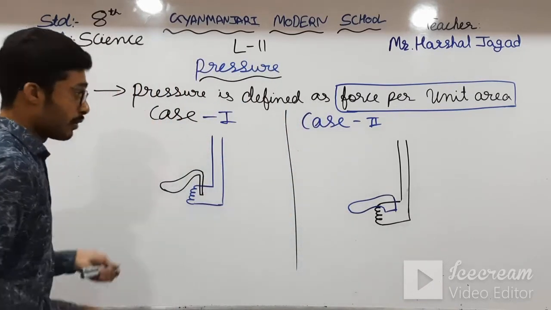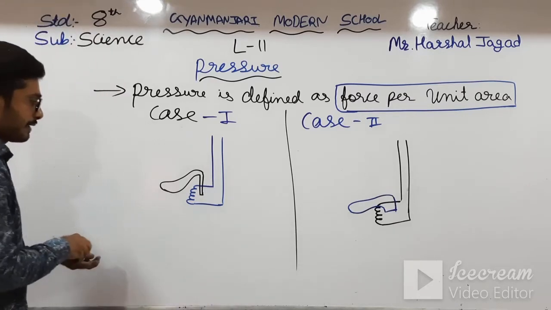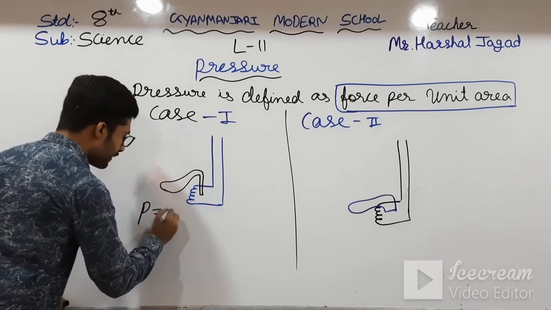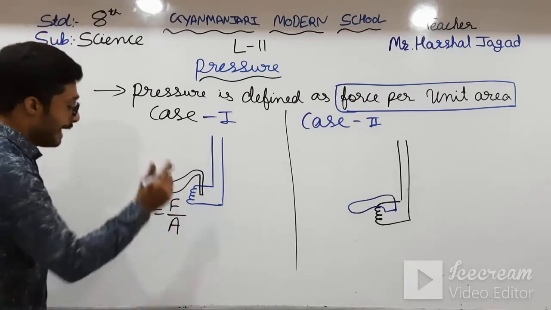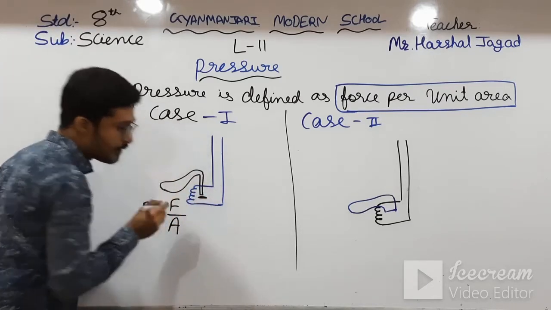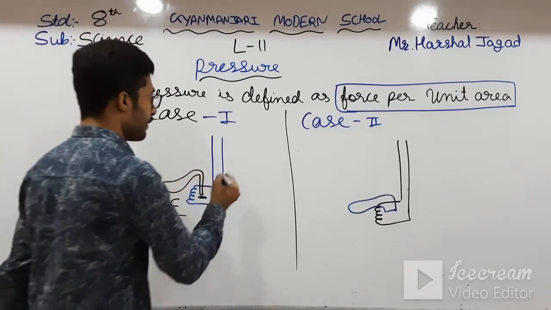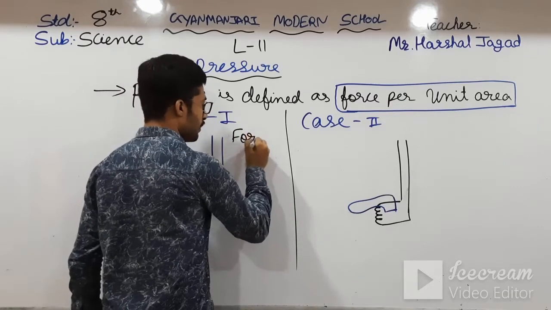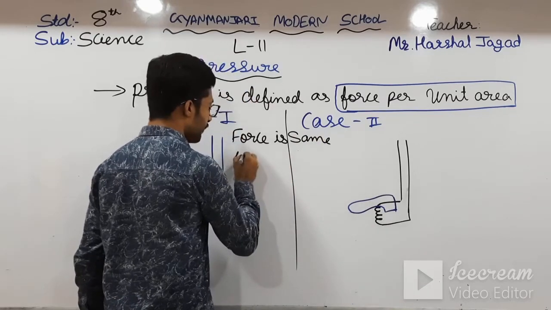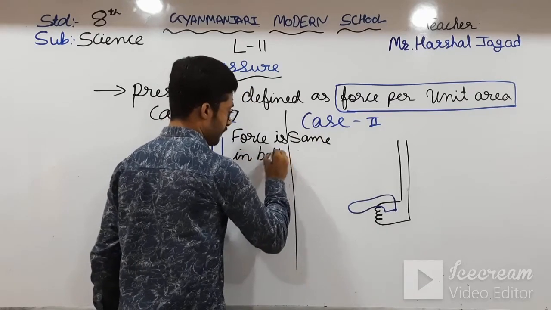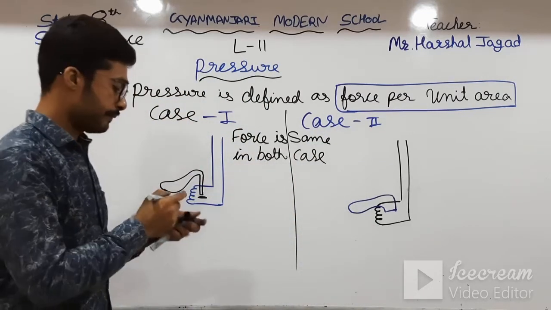So what happens if we take the formula P is equal to F upon A in case number 1? The area is small or big? The force is same in both cases. Let me write here, force is same in both cases.